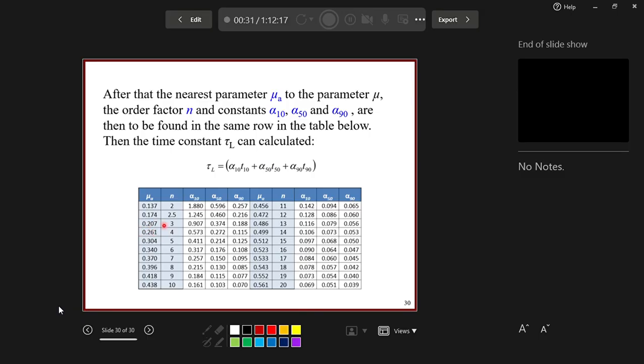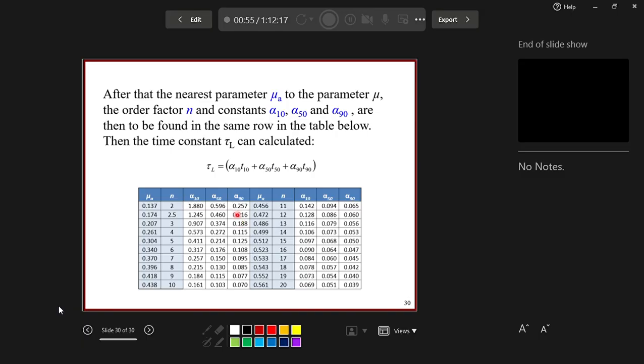So for example, if it is 0.210, then we take this line. The n value is 3, and then the alpha 10 is 0.9067, the alpha 50 is 0.374, and the alpha 90 is 0.188. So now we have the n already found.